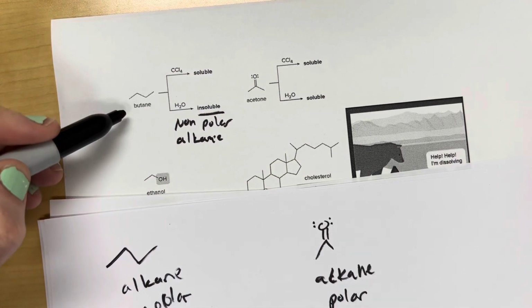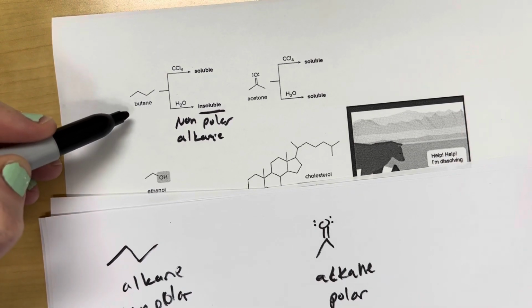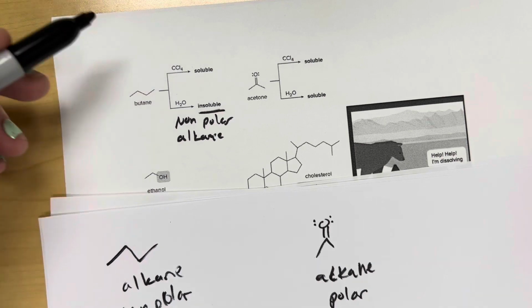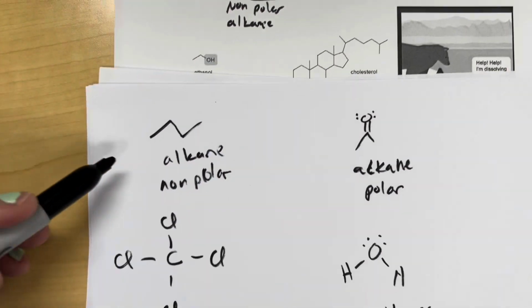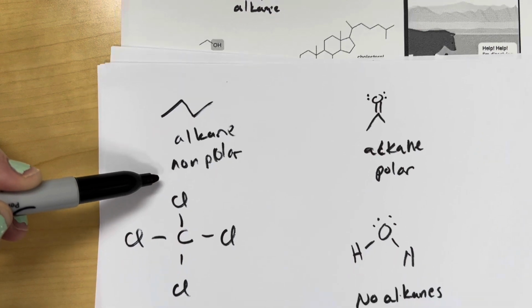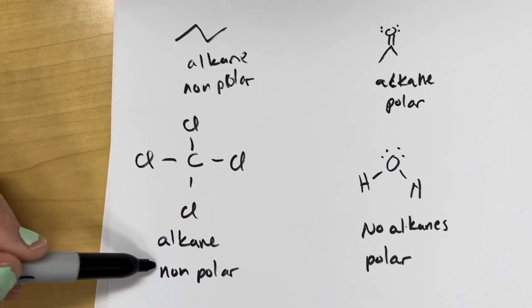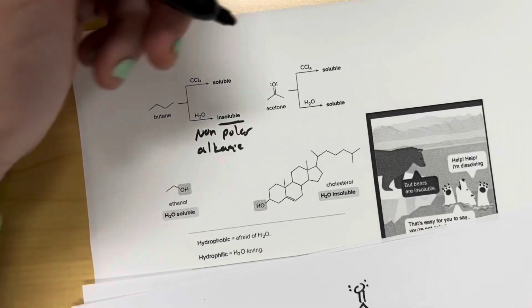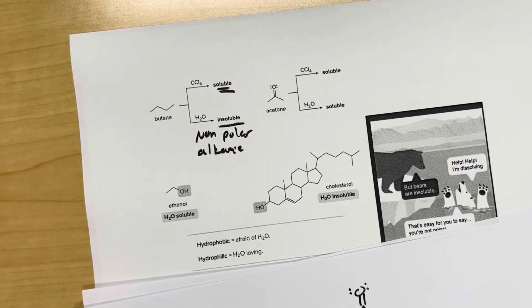But going through this one, butane's an alkane, and carbon tetrachloride is also an alkane and it's nonpolar. So these are totally similar, and butane is going to be really soluble in CCl4.